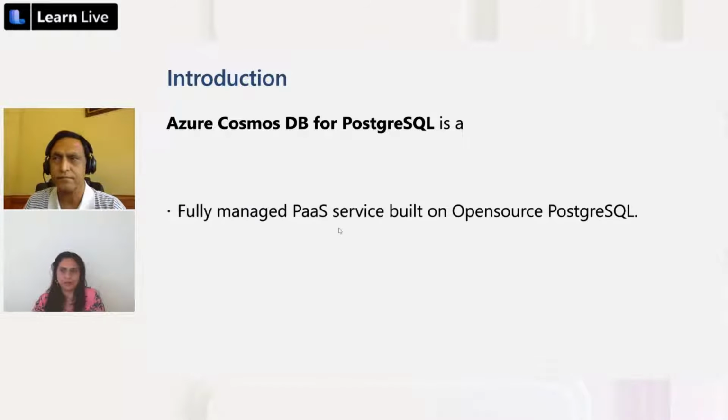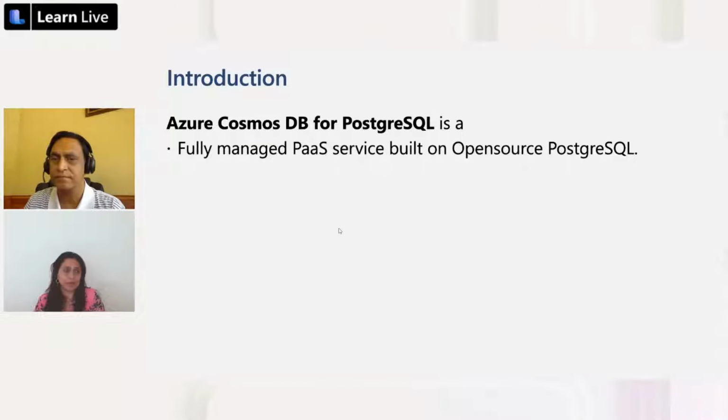Before we go into the topic of the day, we want to talk a little bit about Azure Cosmos DB for PostgreSQL. It is a fully managed PaaS service built on open source PostgreSQL.